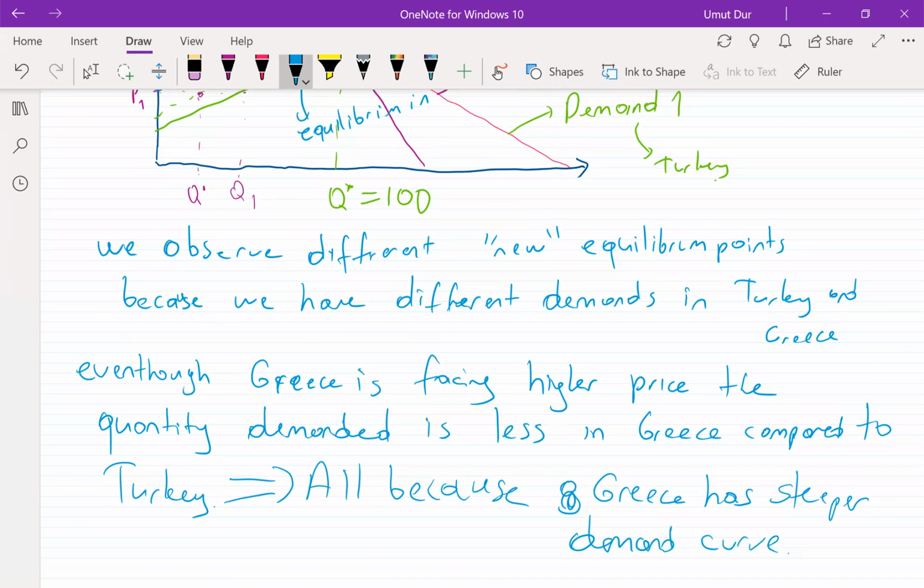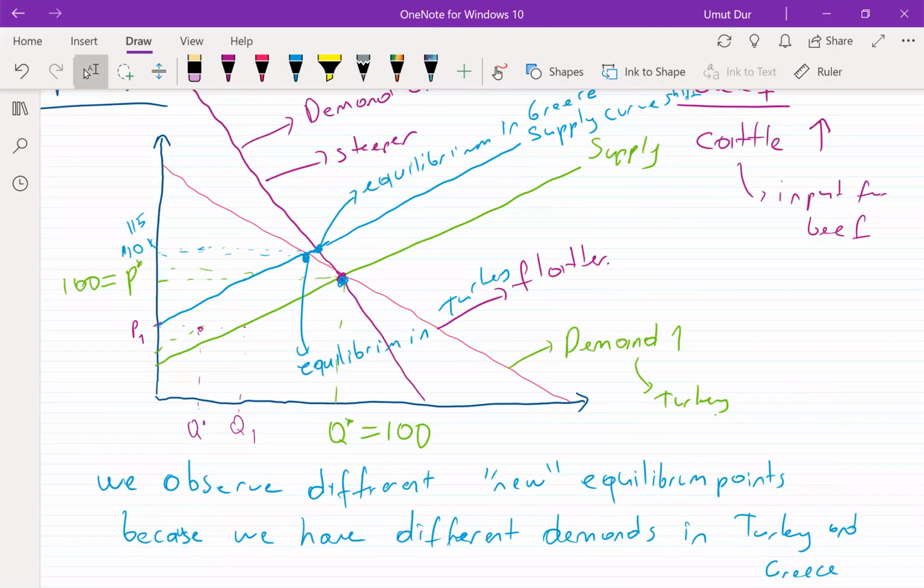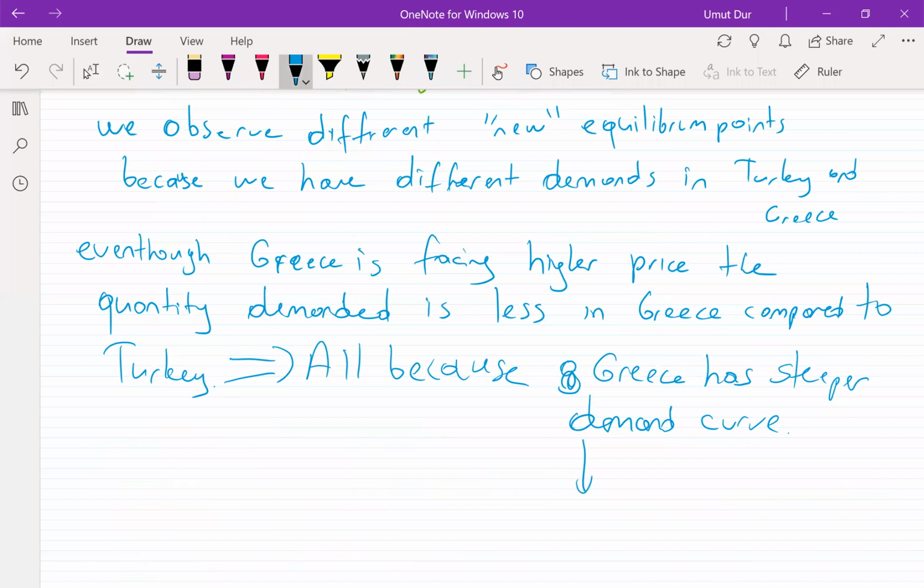Okay, so having a steeper demand curve makes Greece less sensitive to the price change. Okay, so that is basically the introduction part of the chapter.